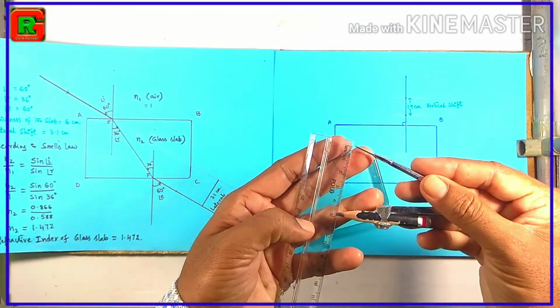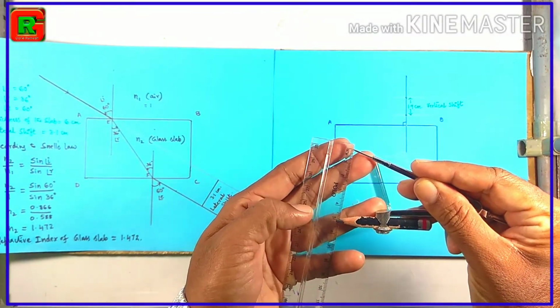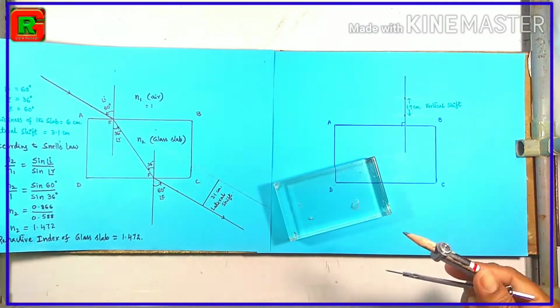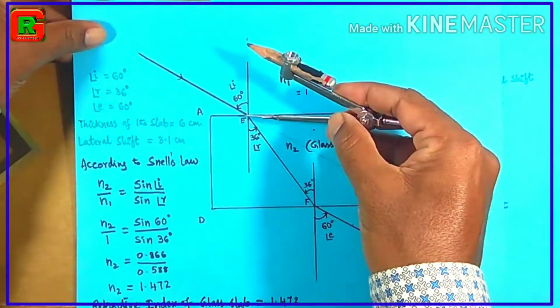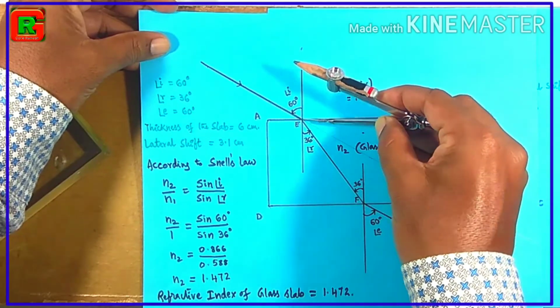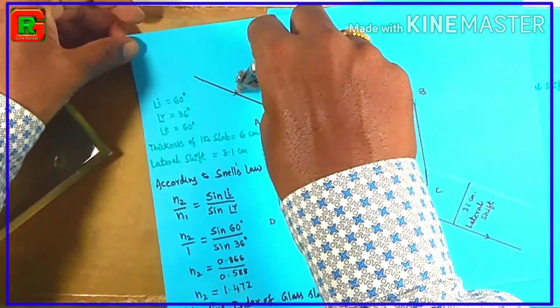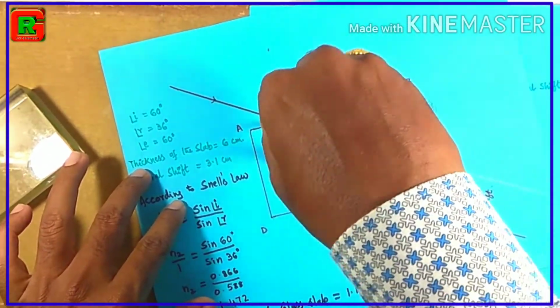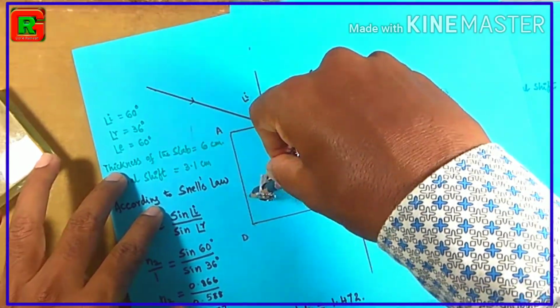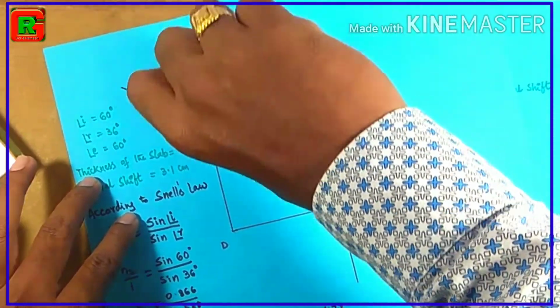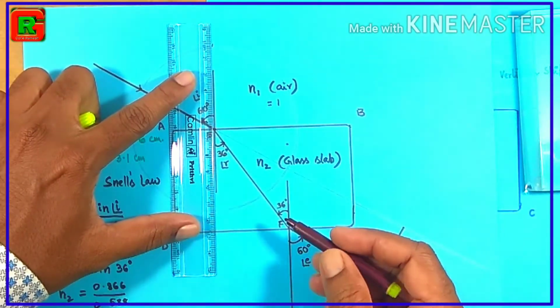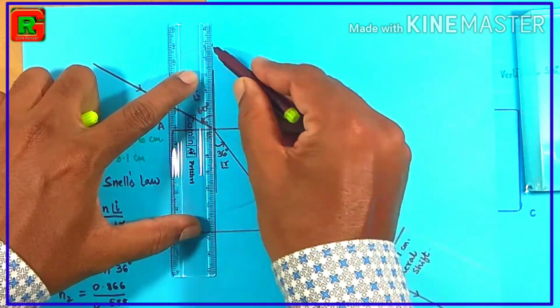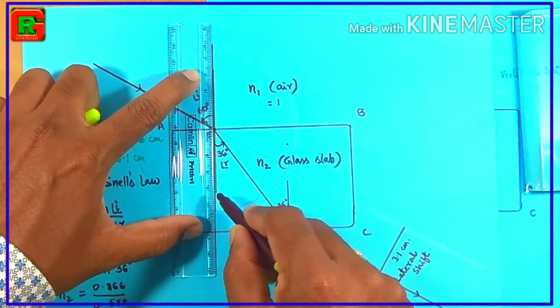Let us take a compass. Take nearly 5 centimeters length in the compass and draw a circle at E. Now extend the length of the normal such that it touches the circle on both ends.